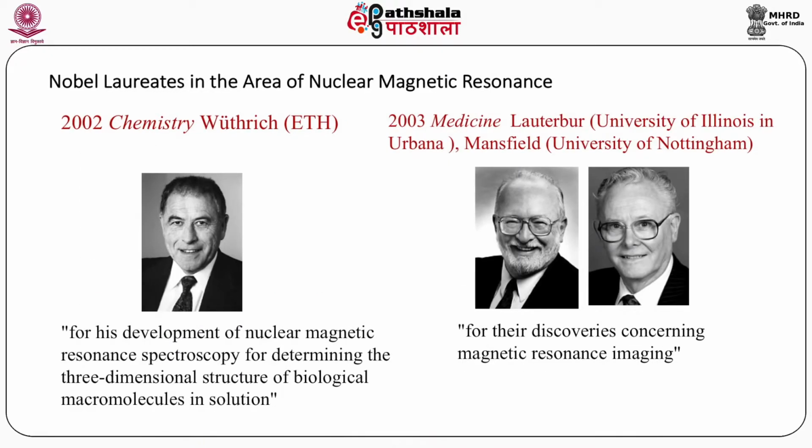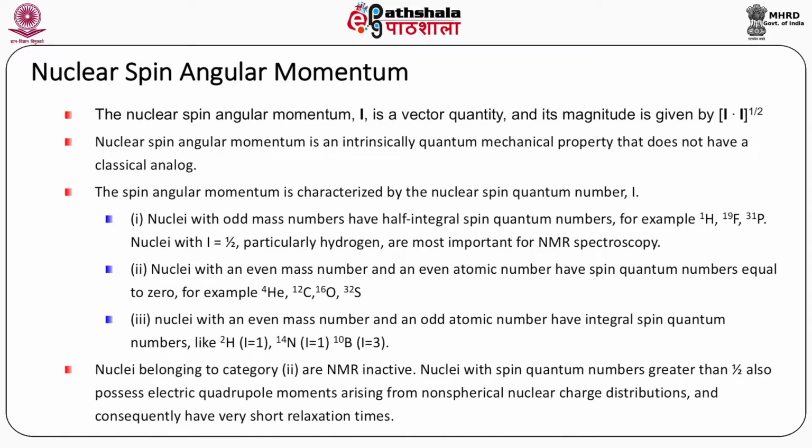And in 2002, as I already told you, Kurt Wuthrich received the Nobel Prize in Chemistry for his development of nuclear magnetic resonance spectroscopy for determining the three-dimensional structure of biological macromolecules in solution. And the following year, in 2003, Lauterbur and Mansfield were awarded the Nobel Prize in Medicine for their discoveries concerning magnetic resonance imaging.